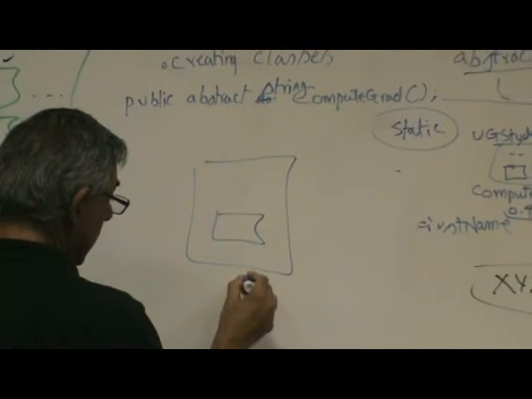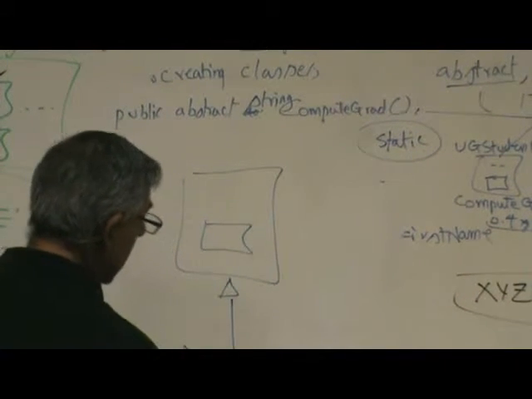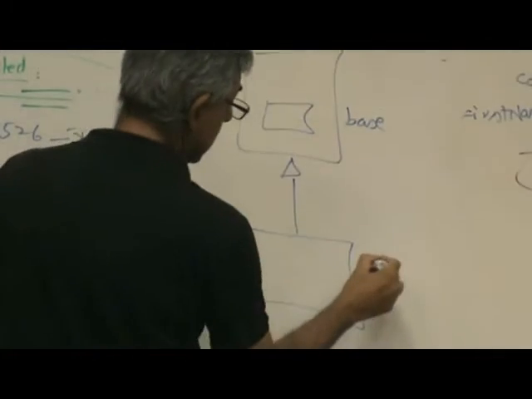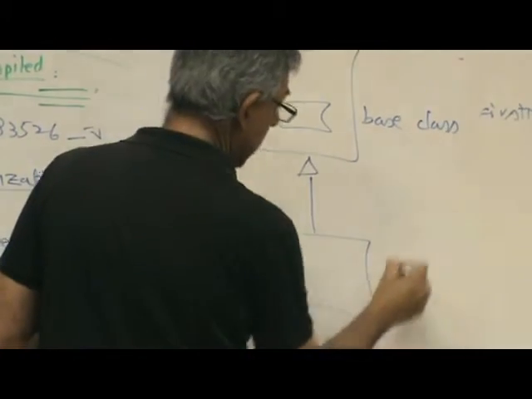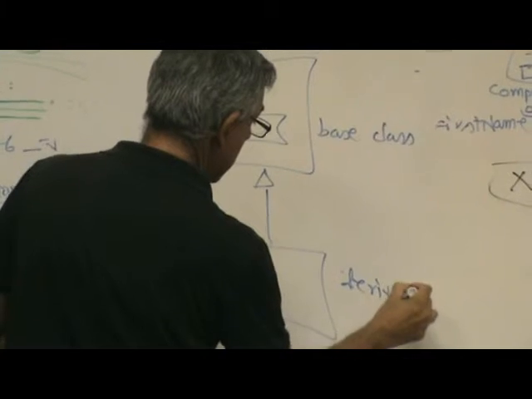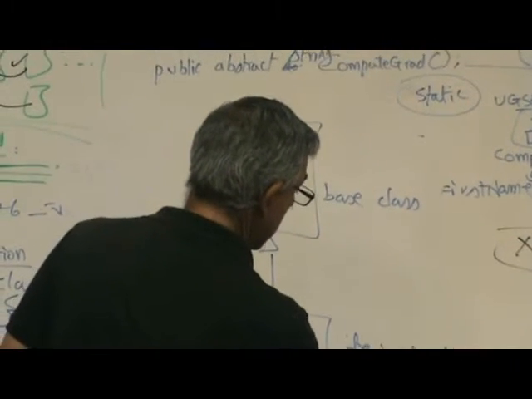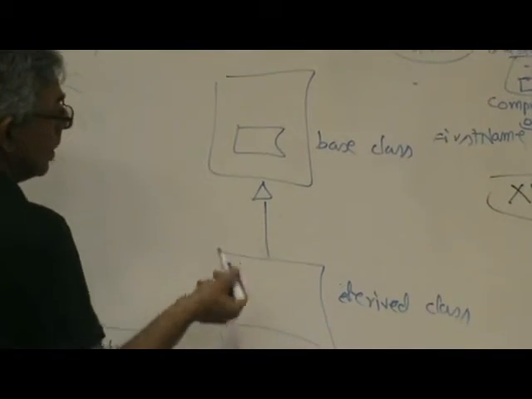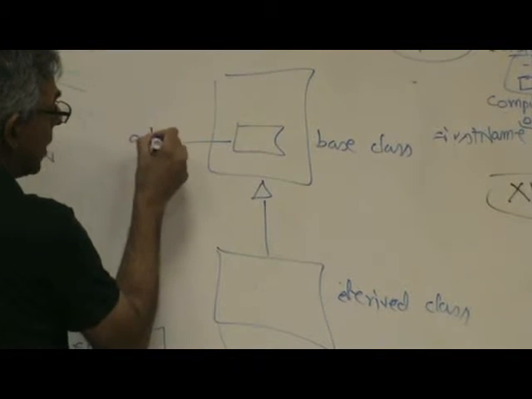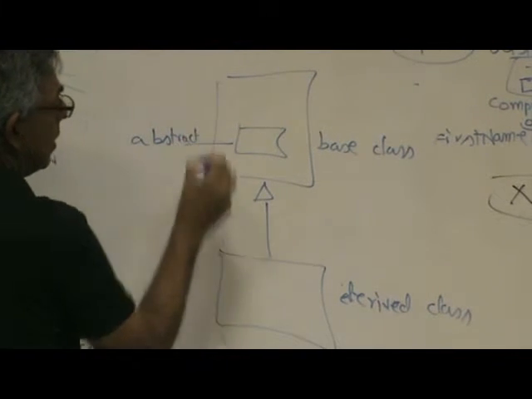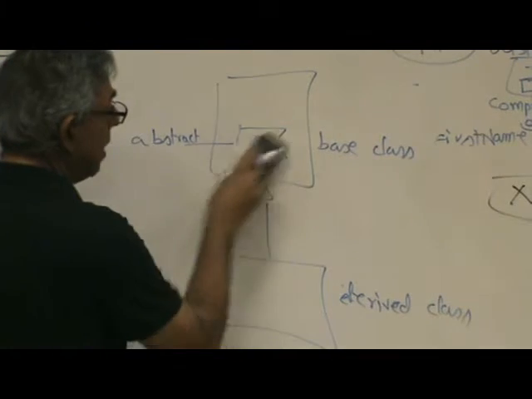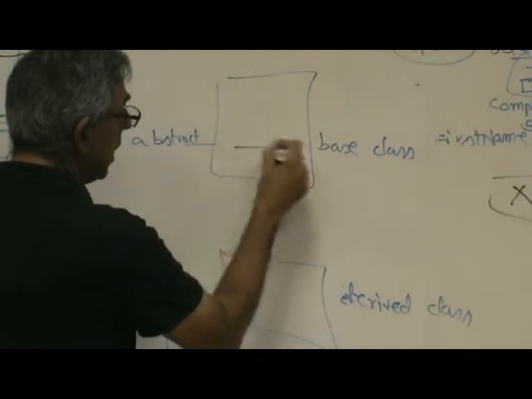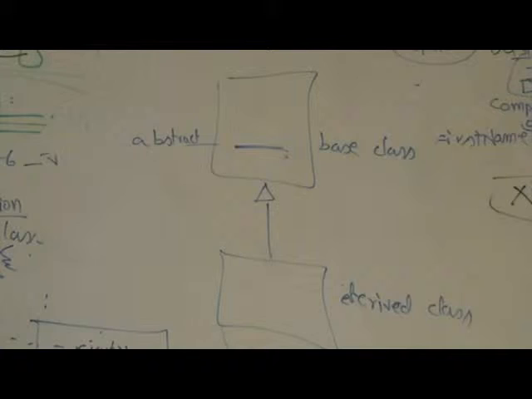Now coming to virtual and override. If we have a base class with some method over here, and we inherit one class from here, this is the base class and this is the derived class. If it was declared abstract over here, then there will be no code in it, just a one-line declaration.